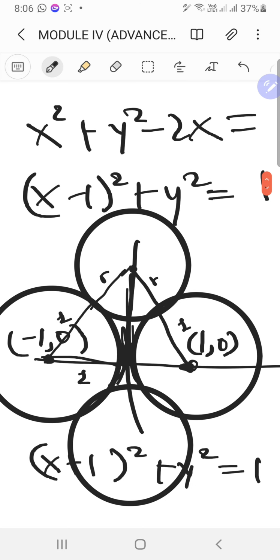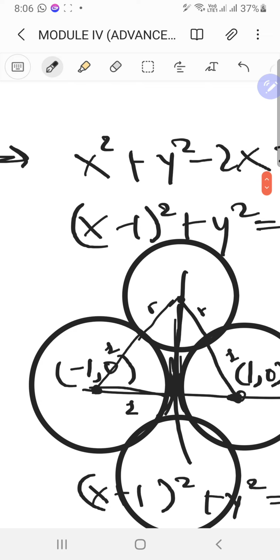Okay, this is weird. I don't get it. Wait a second. Can't r be anything? I mean, think about it. If r were to get to infinity, at that point you will be getting a line, right?